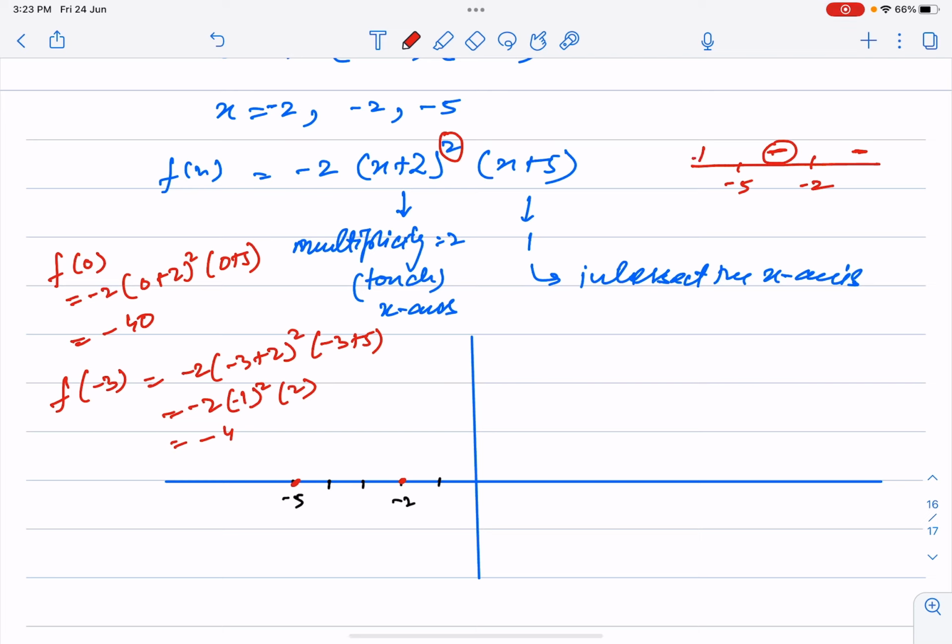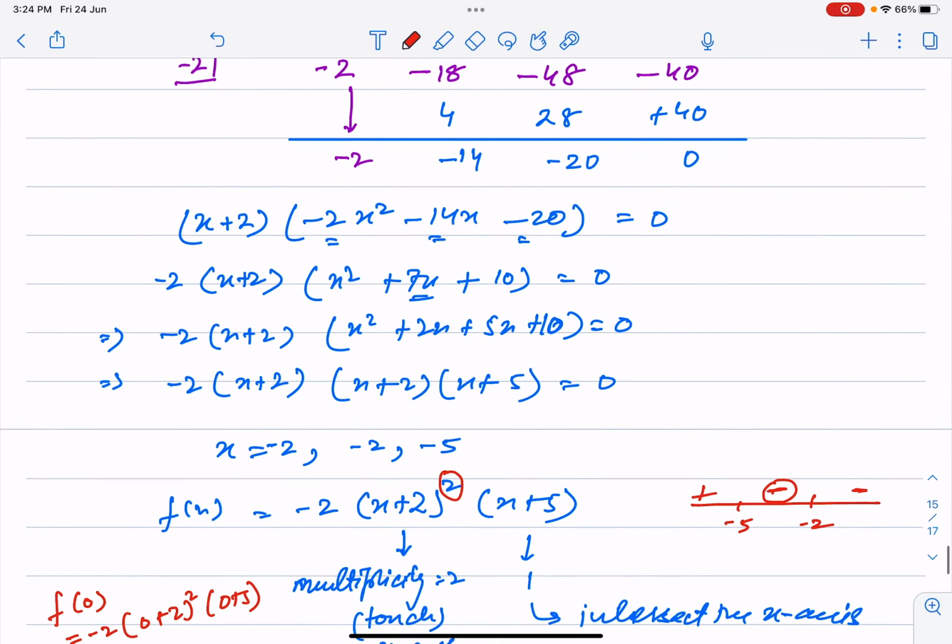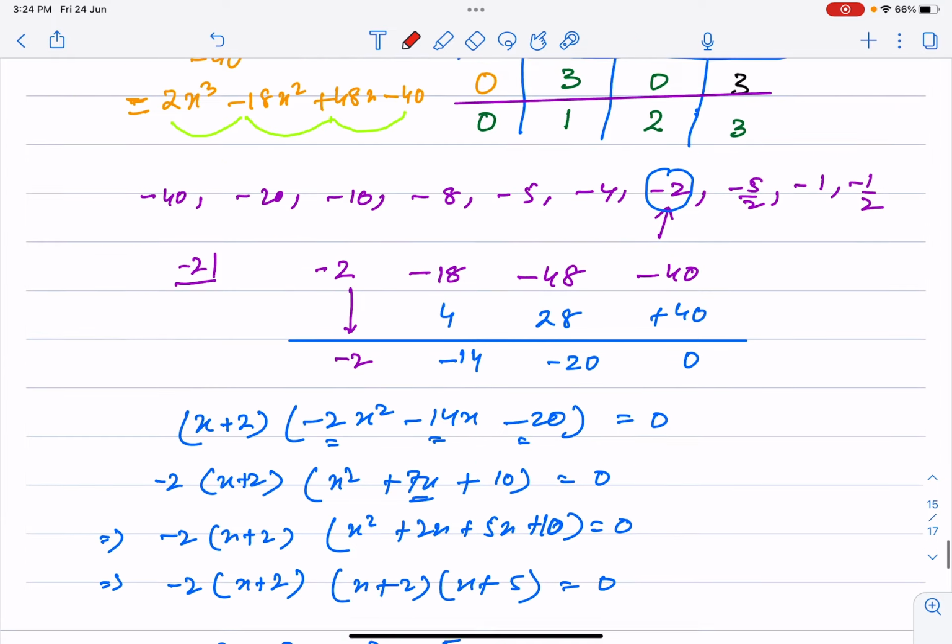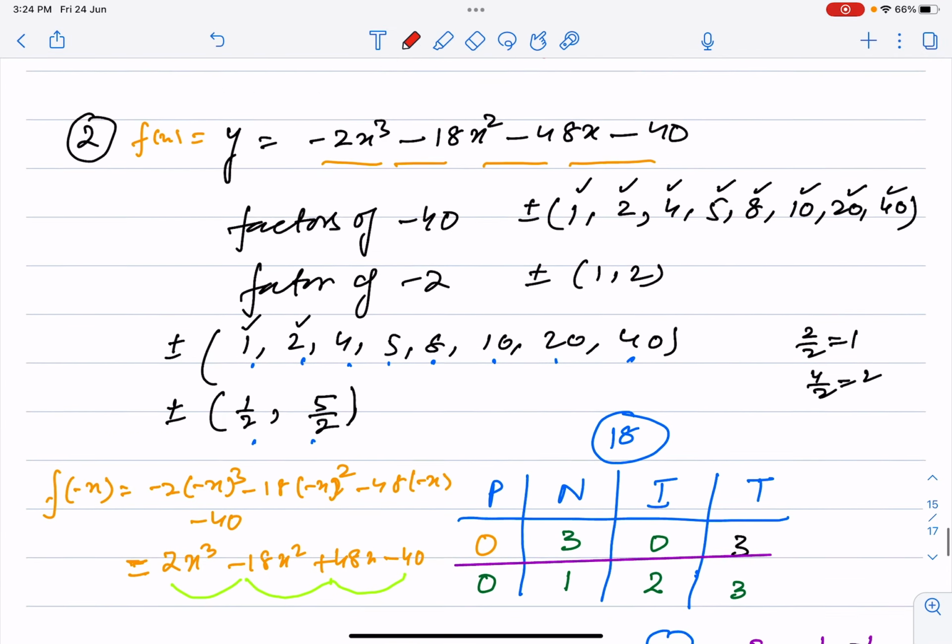And over here it will be positive. So the graph will be under the axis here, and beyond minus 2 also it will be under the axis, and less than minus 5 it will be above the x-axis, right?